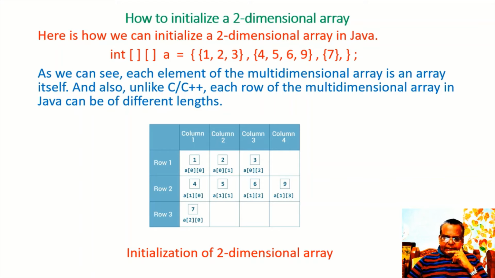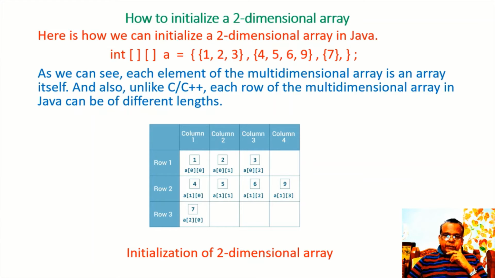Whereas in the second case, row 2, all the columns are filled: 4, 5, 6, 9. In the case of the third row, only one column is filled. 7 goes to the first column only. So the remaining 3 columns are vacant. Fine. That's what you should understand.